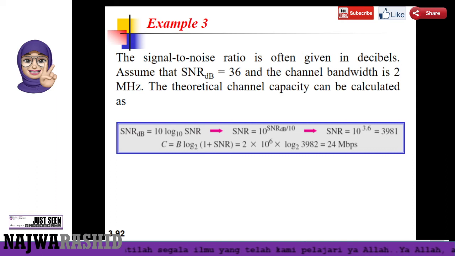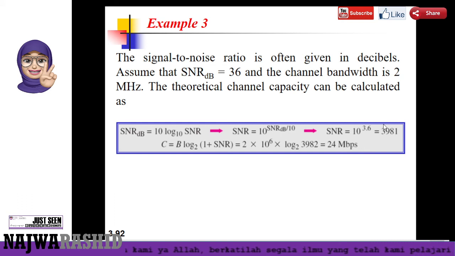The theoretical channel capacity can be calculated as follows. SNR dB is 10 log base 10 of SNR, so SNR equal to 10 power of SNR dB divided by 10.